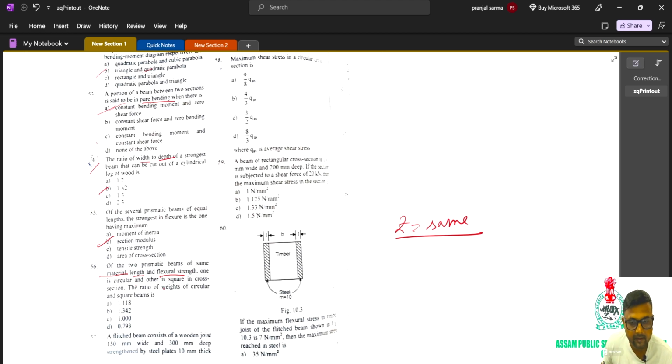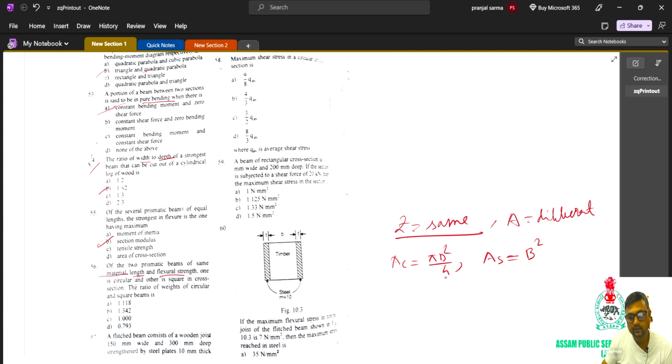But the area cannot be the same, right? The area is different. So first of all, same length and same material. Area of circle is pi d square by 4. Area of square is b square.